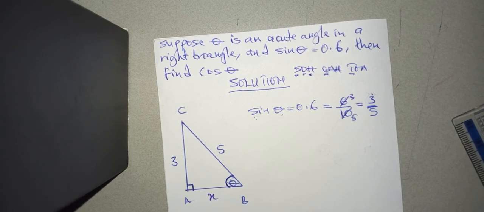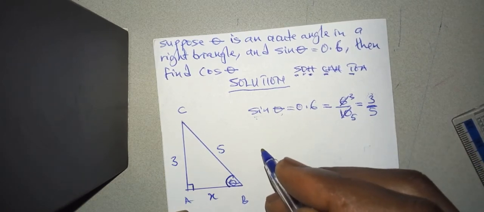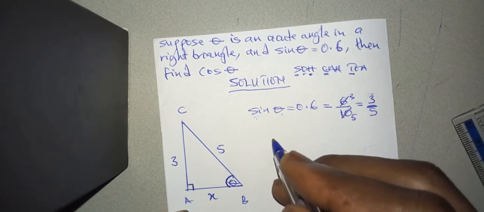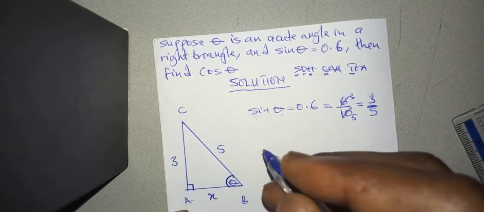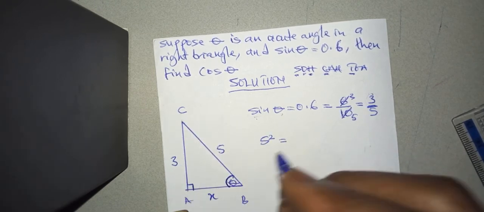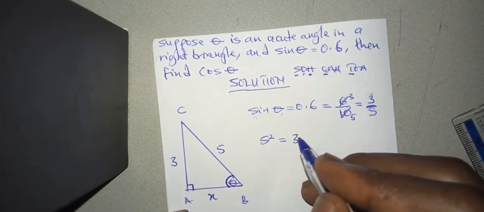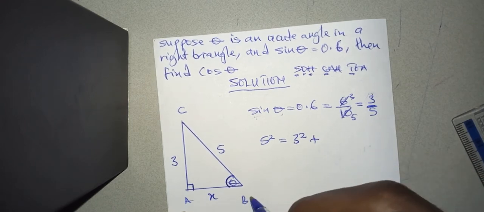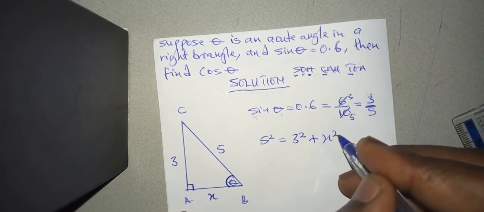Now we can use Pythagoras theorem to do this. The hypotenuse squared, so 5 squared, equals this leg, 3 squared, plus that leg, S squared.